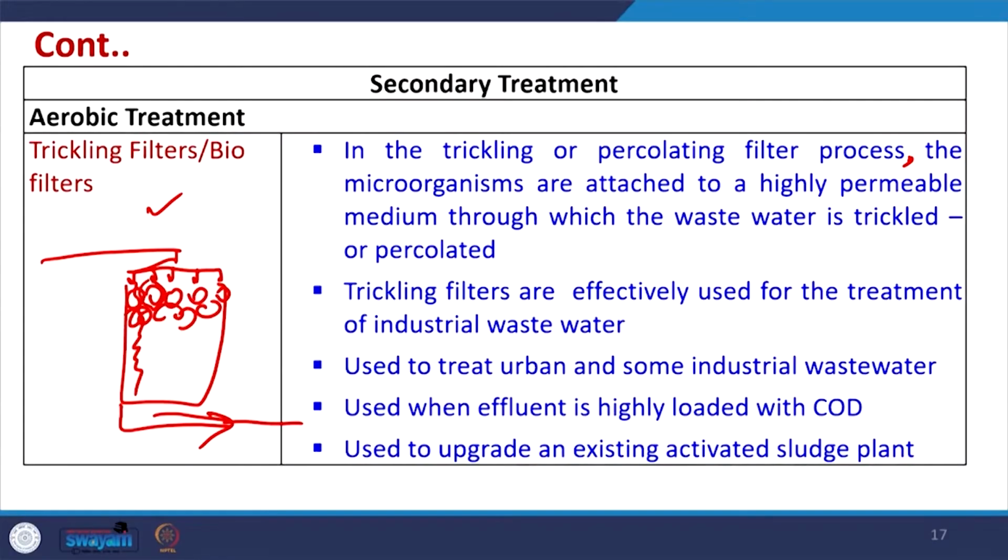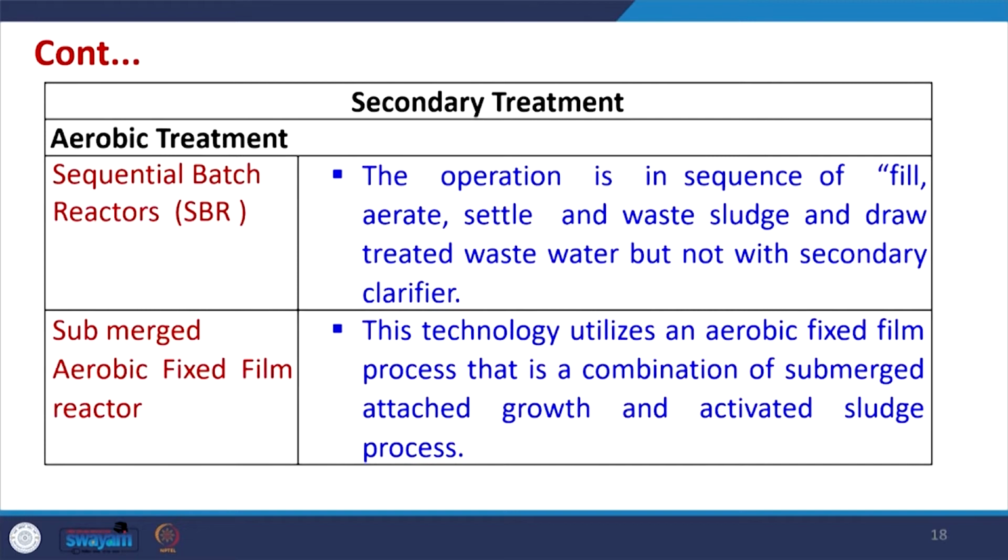So, this way the trickling filter can be used, and it is very common as a primary secondary treatment unit for the aerobic case.